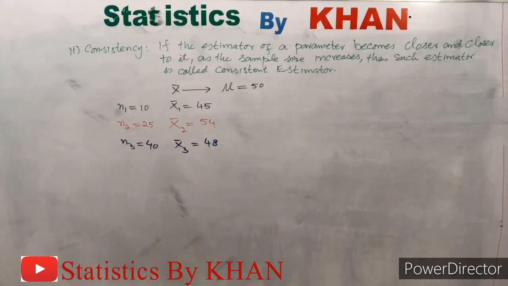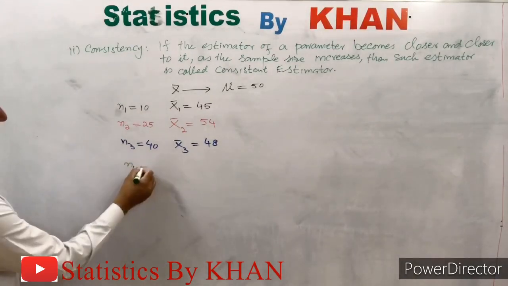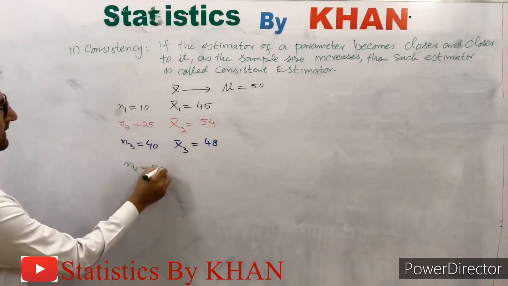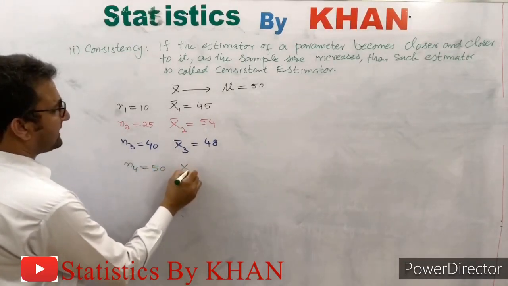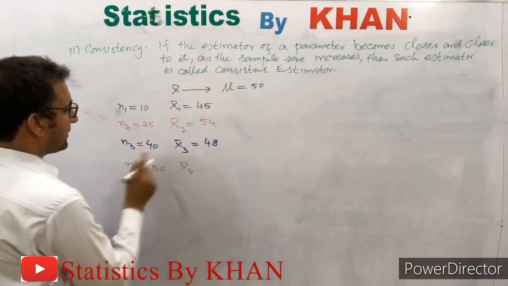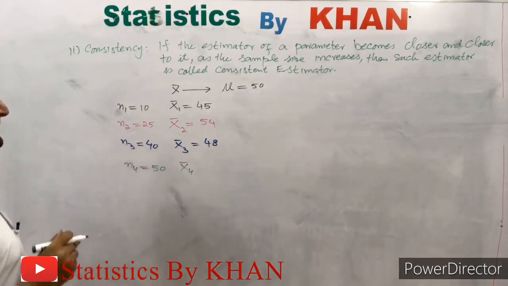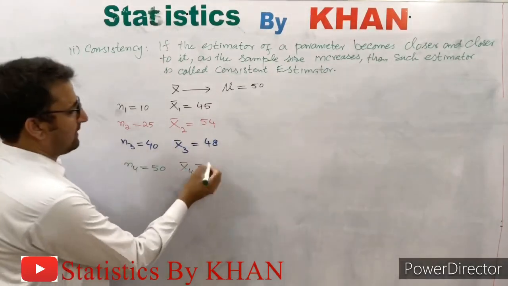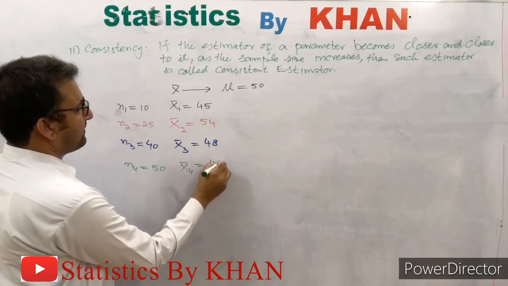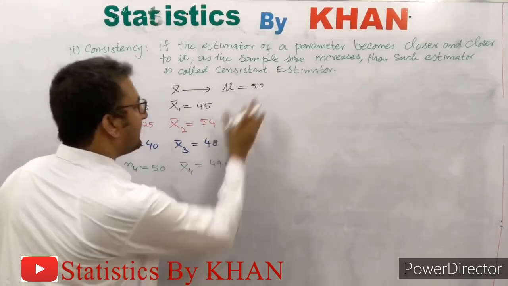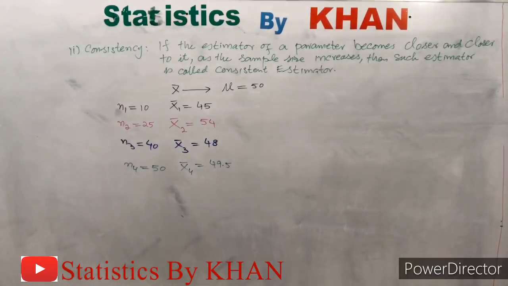Suppose we increased the sample size again, and this time we took sample size 50, and computed x4 bar from this sample, and we obtained, suppose, 49.5. So again it became closer, and this is just a hypothetical example.